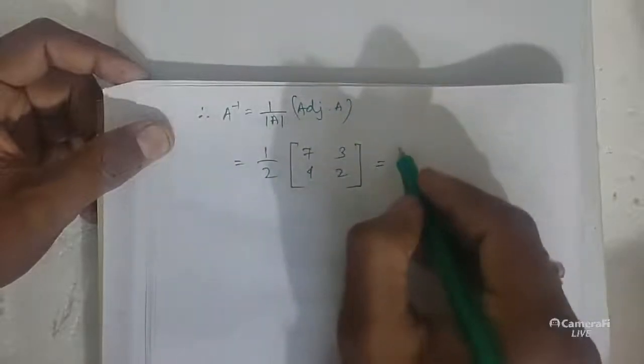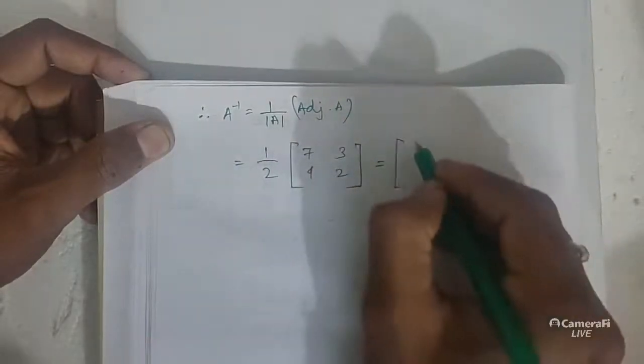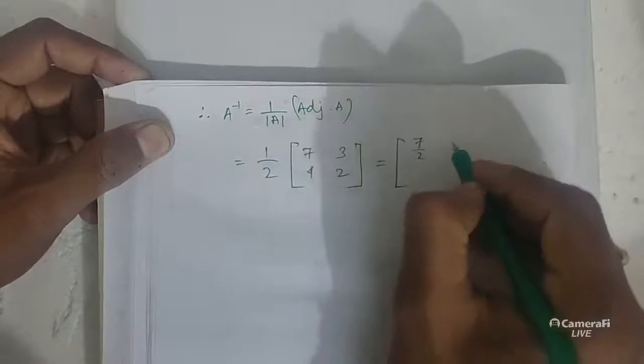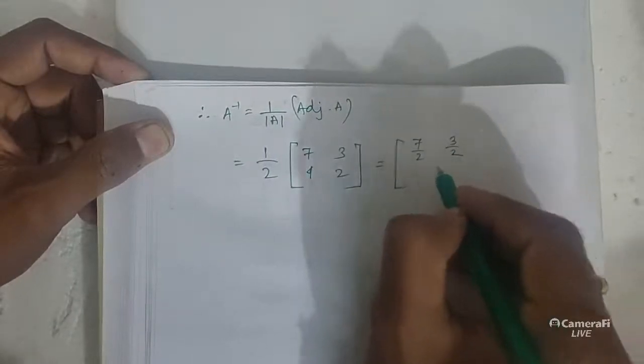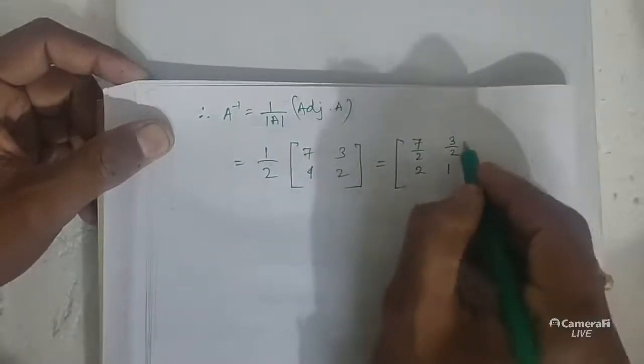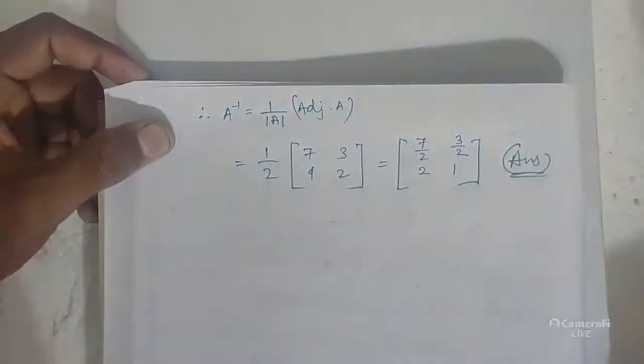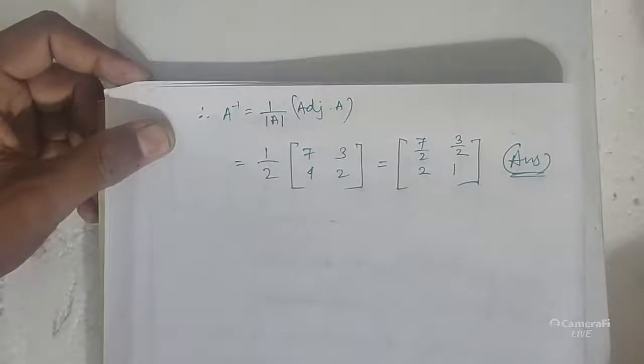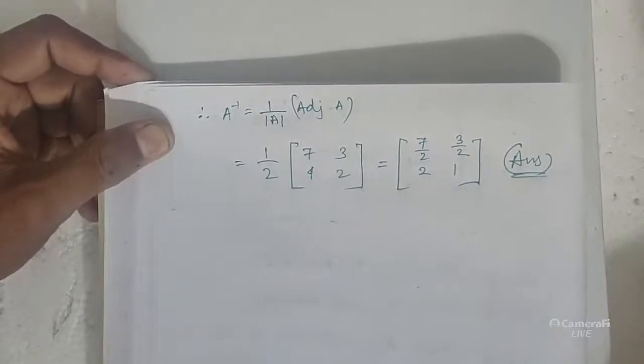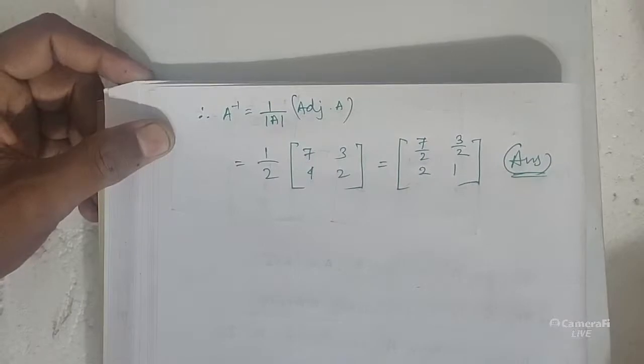You can multiply half with all the elements, or you can leave it as it is. So 7 by 2, 3 by 2, 2 and 1. This is the answer. Okay, in this way we have to find the inverse of the matrix by the adjoint method.